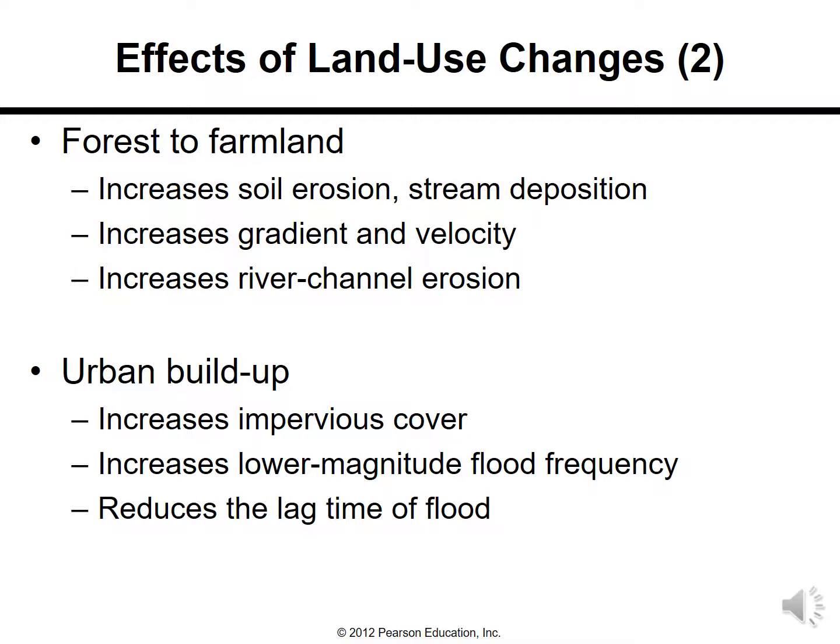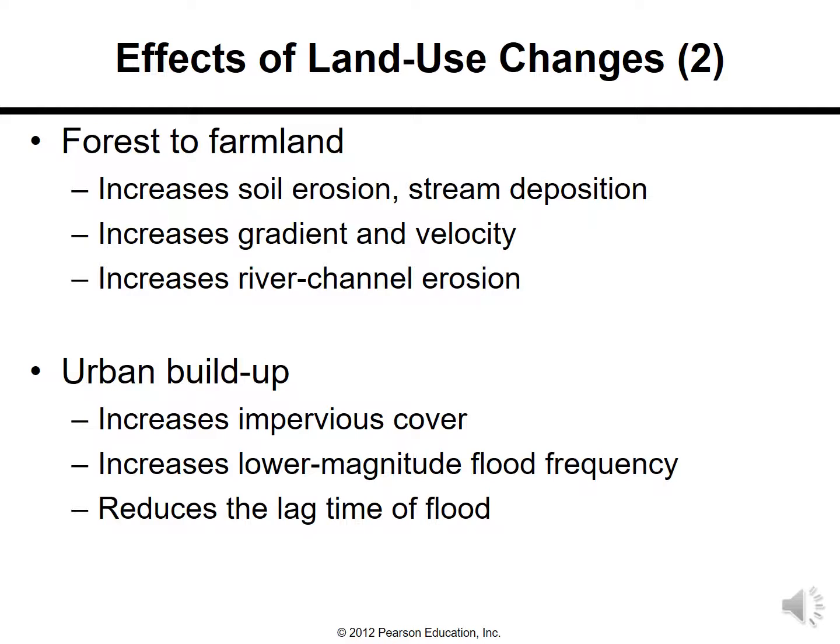Forest to farmland: people cut down trees and form farmland, so that increases soil erosion and stream deposition, increases gradient and velocity, and increases river channel erosion, because you're getting rid of a lot of roots that hold the soil mass, exposing it to the rainfall. That's going to cause a huge amount of soil erosion.